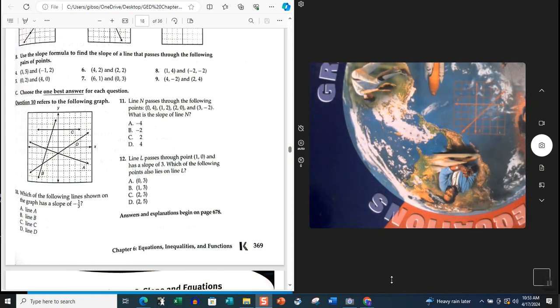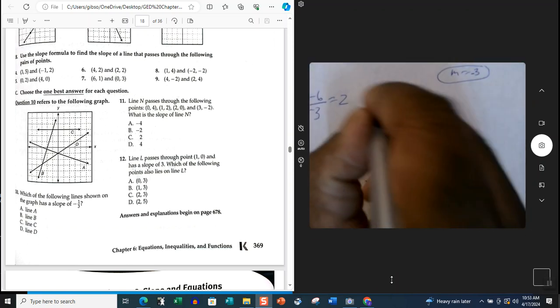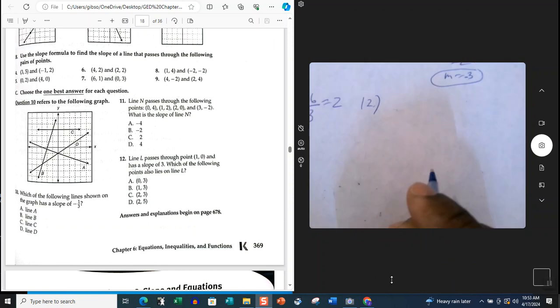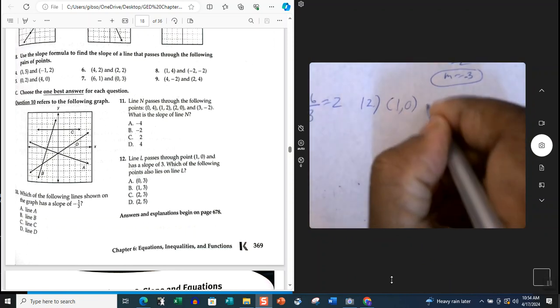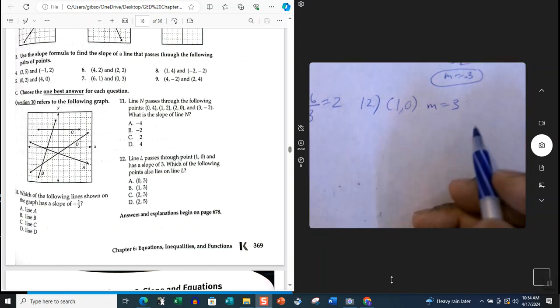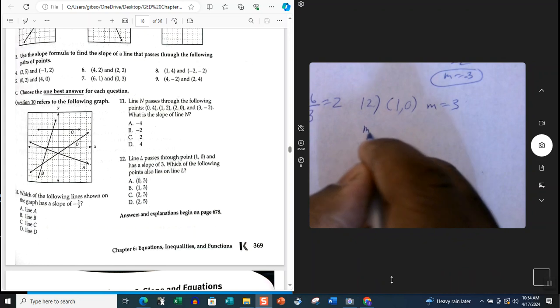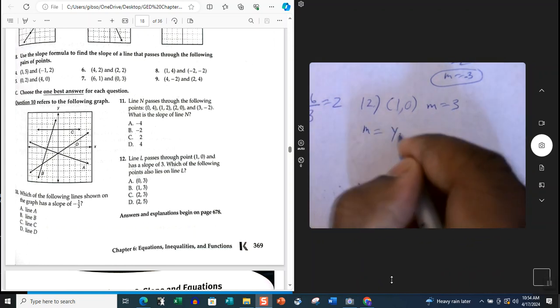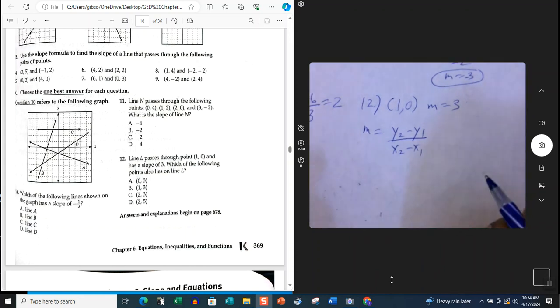So this is what we would need to do. We have problem number 12. We're given a point 1, 0, and we're told that the slope is 3. We know that the slope formula is m is equal to y sub 2 minus y sub 1 over x sub 2 minus x sub 1.